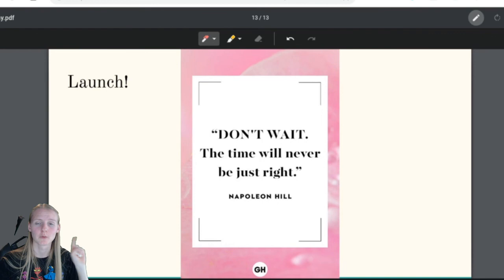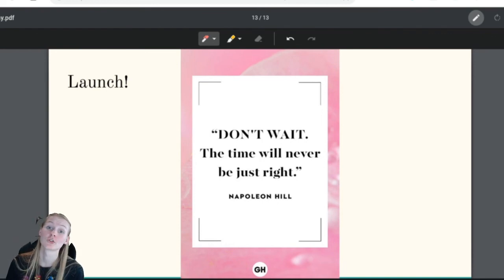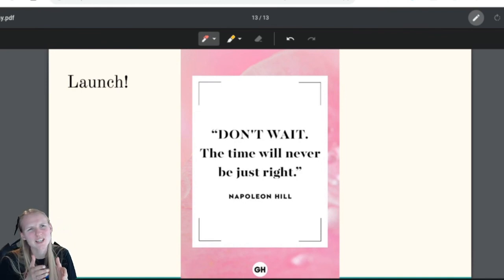What this is talking about is don't wait to go to college. Don't say, I just want to take a gap year, save some money, figure out what I want to do with my life. Maybe. Usually doesn't work out too well. So don't wait. The time will never be just right.